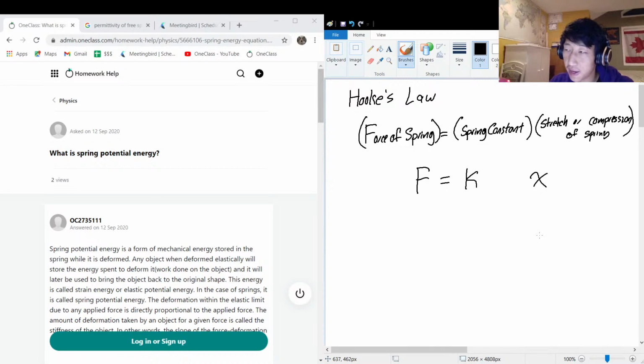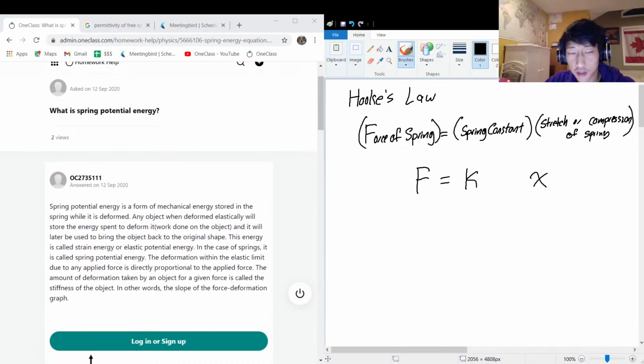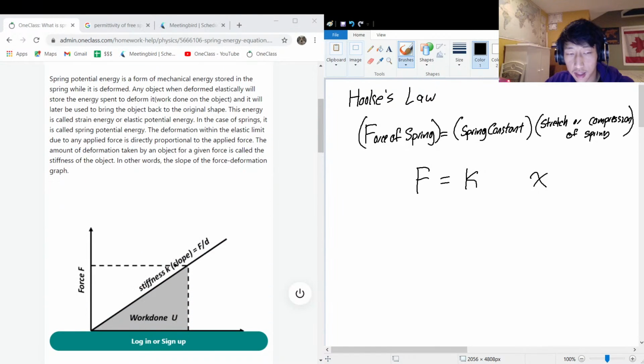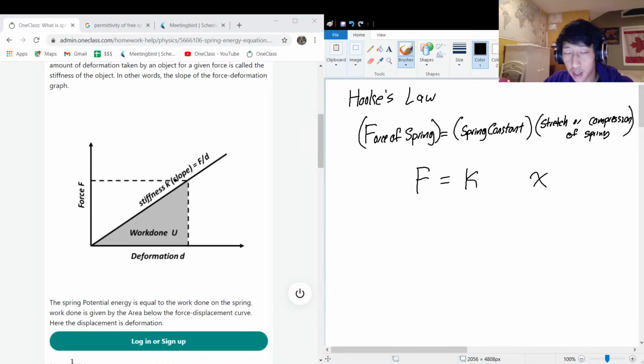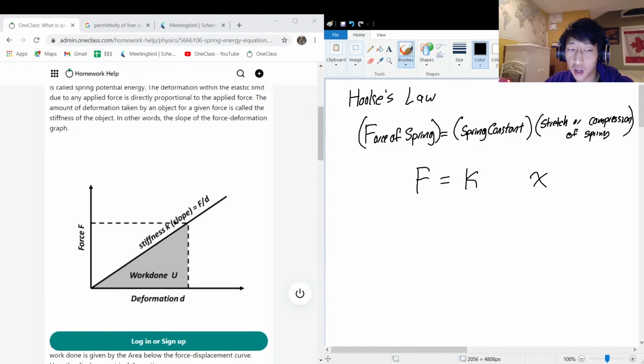And we also know that work is, wait a minute, I'm not sure work necessarily relates to this. Here we have a graph.